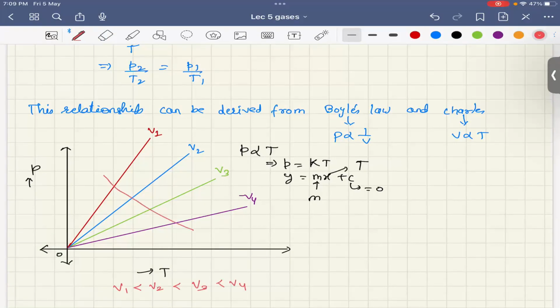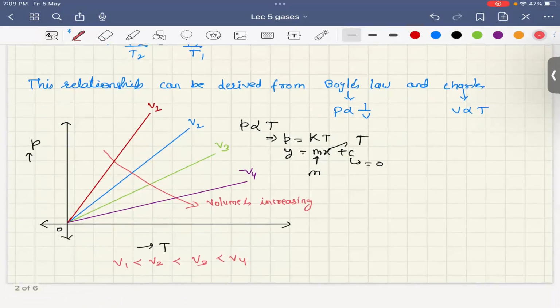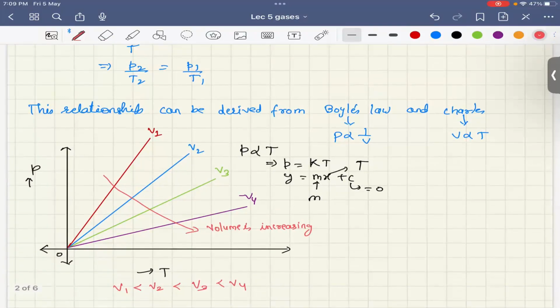That means as we go down, volume is increasing. The curve shows the pressure-temperature behavior at fixed volume, and it's called isochores. So this plot is called an isochore, a constant volume graph or plot.